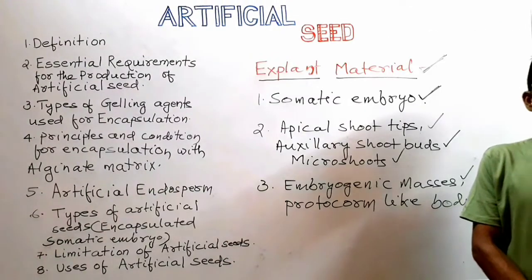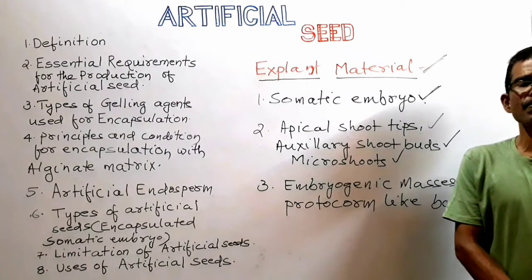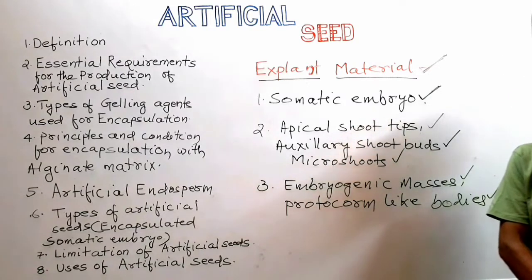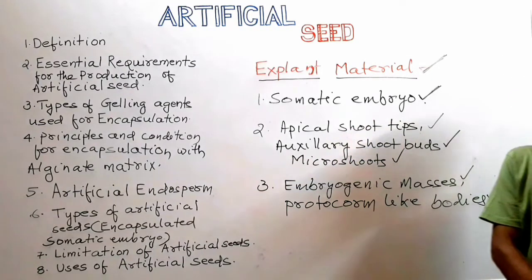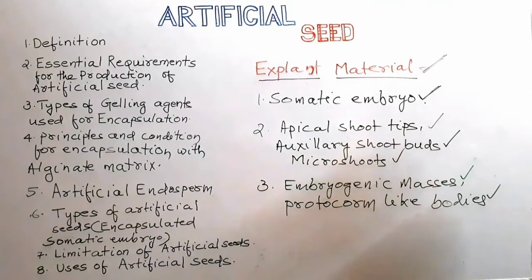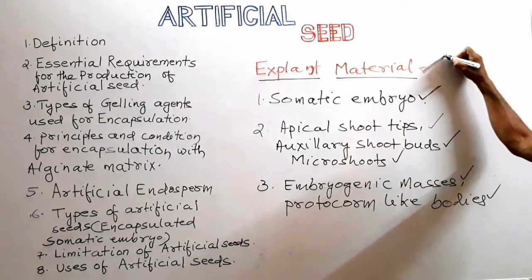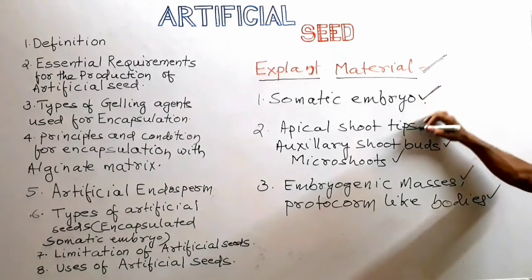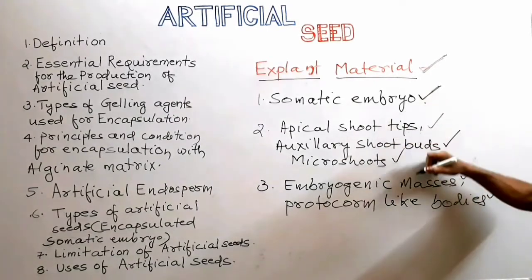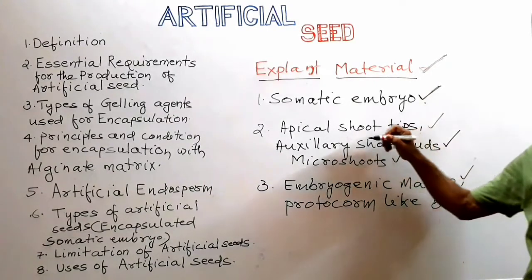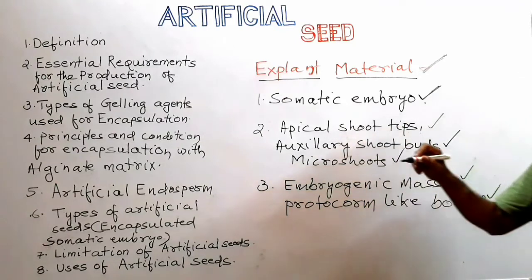Essential requirements for the production of artificial seeds. The most important component of the artificial seed is the explant material. The explant material is the basic generative component of an artificial seed. Various explant materials have been used for the production of artificial seed.